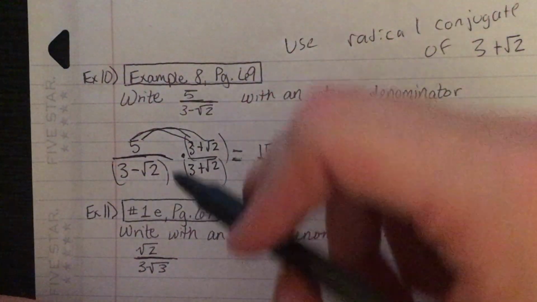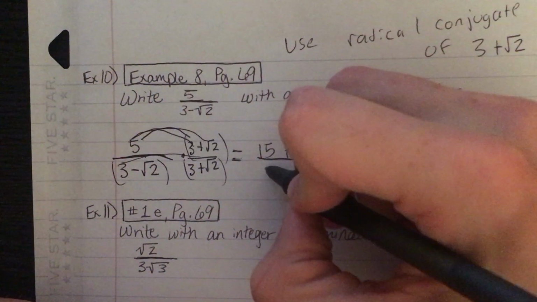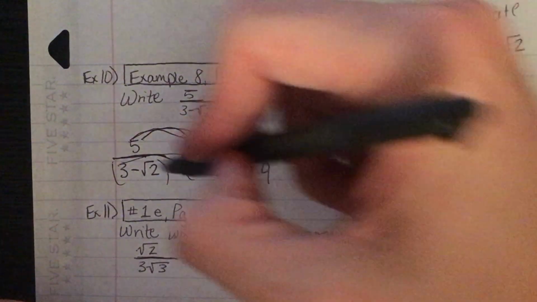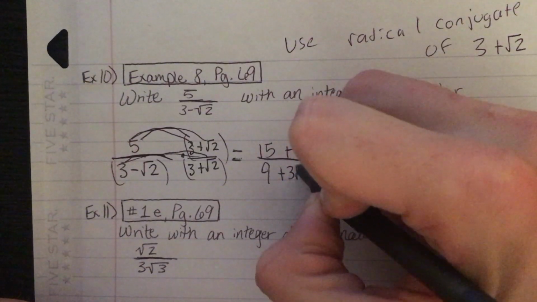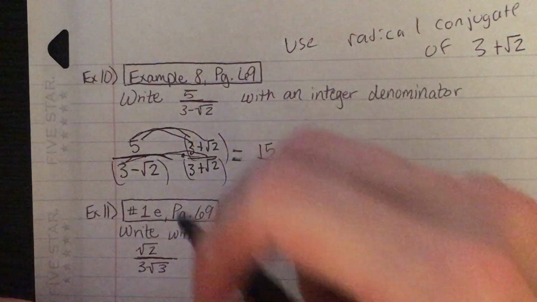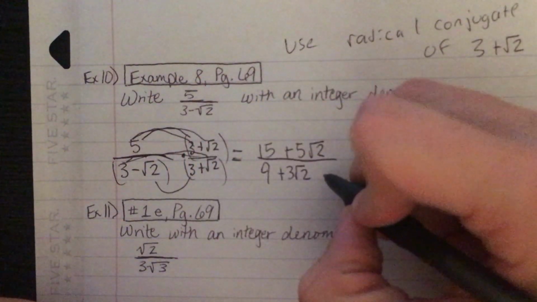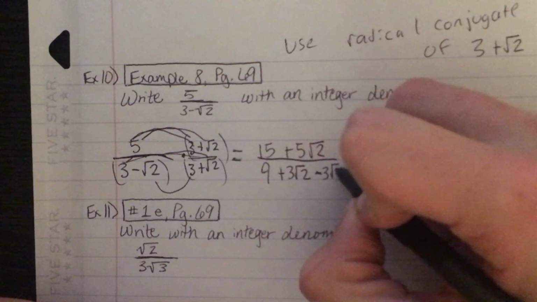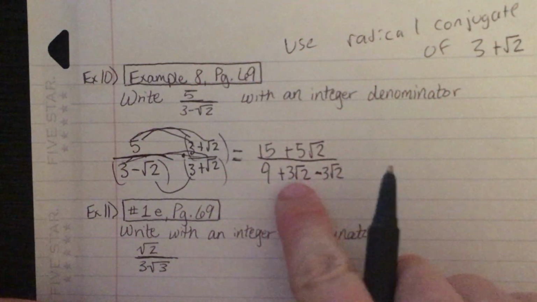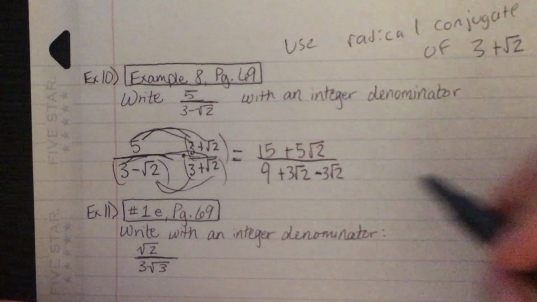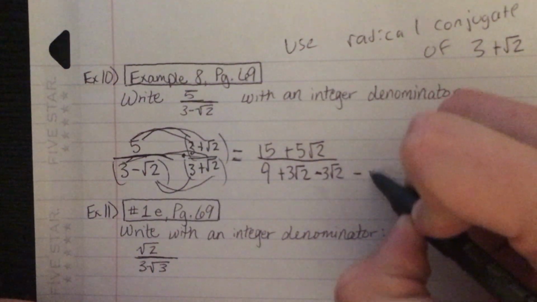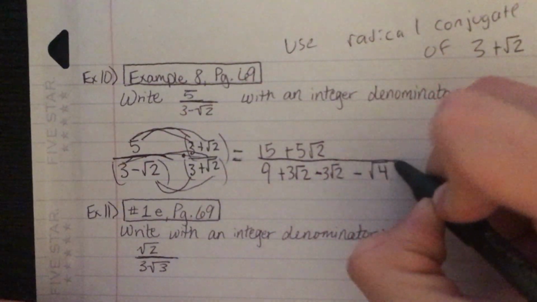And then on the bottom, we've got 3 times 3, that's going to give me 9. 3 times the square root of 2 will give me 3 square roots of 2. Negative square root of 2 times 3 will give me minus 3 square roots of 2. You can see we're going to have those radicals canceling. Negative square root of 2 times positive square root of 2 is going to give me negative square root of 4, which will simplify.